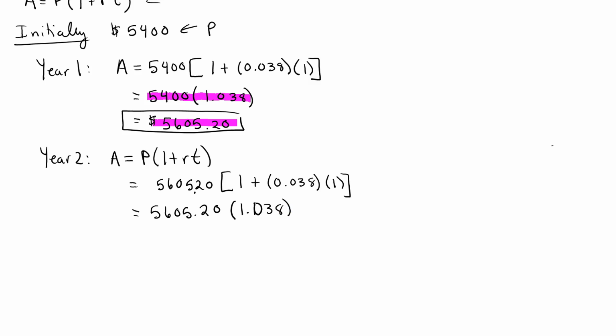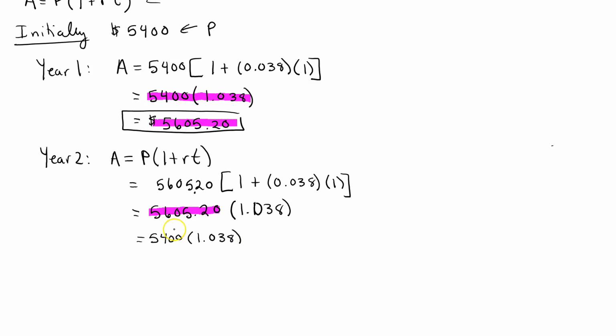Hold the phone though, guys. Look at this. What does $5,605.20 equal? It actually equals 5,400 times 1.038. So instead of $5,605.20, what I'm going to write is 5,400 times 1.038.